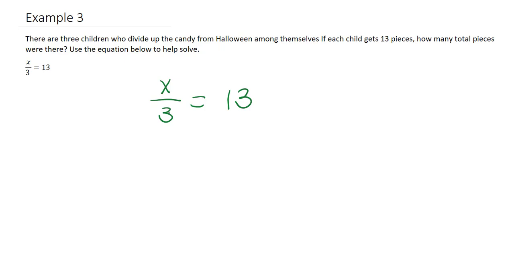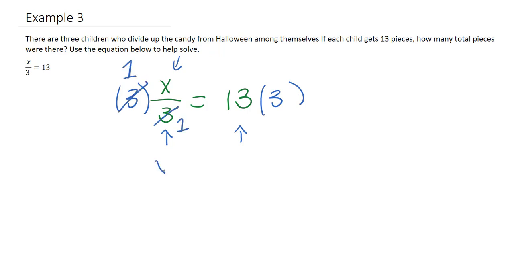Notice that we have some amount of candy that got divided by 3 kids, and there were 13 pieces for each one. So let's find the total candy pieces. We multiply by 3 on both sides. This becomes 1, and then x, left by itself, becomes 13 times 3, which is 39.